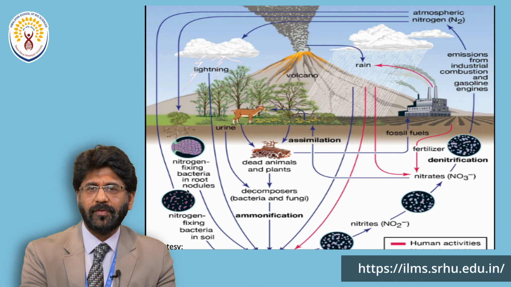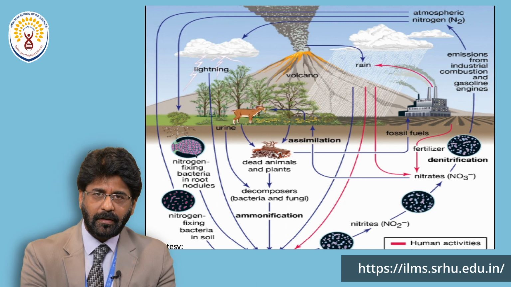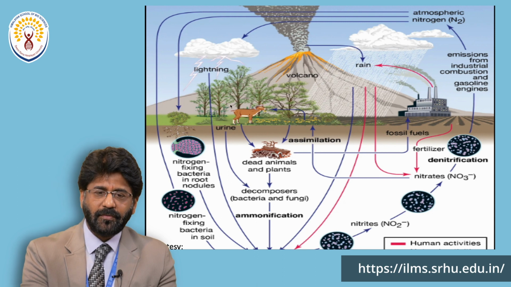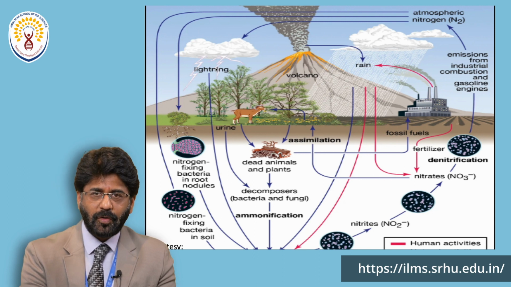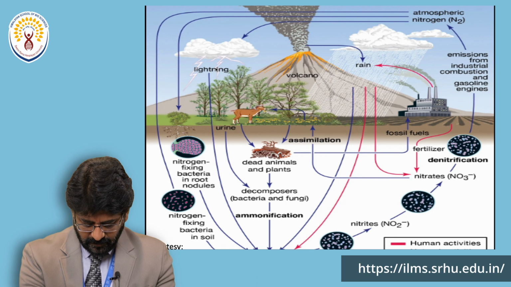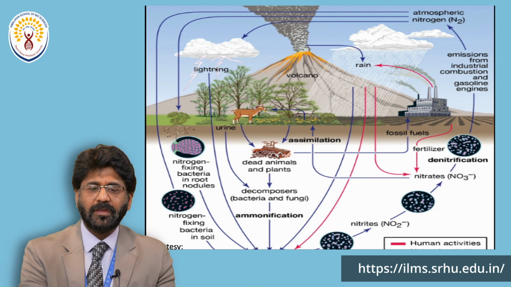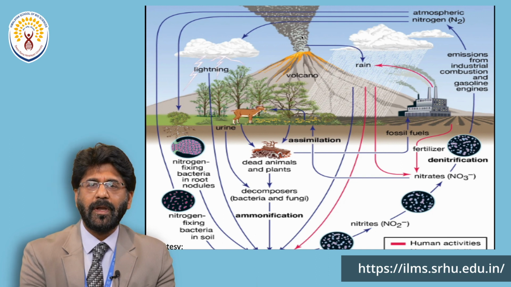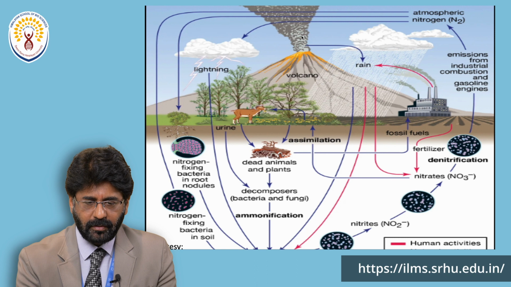Both these processes capture the inert nitrogen and transfer it to the lithosphere. Further, thunder lightning, you must have experienced, is a very quick process, but it has a very important role in the conversion of nitrogen.